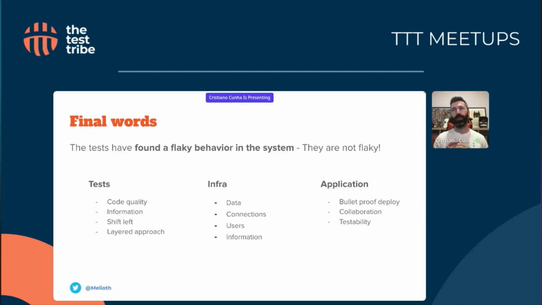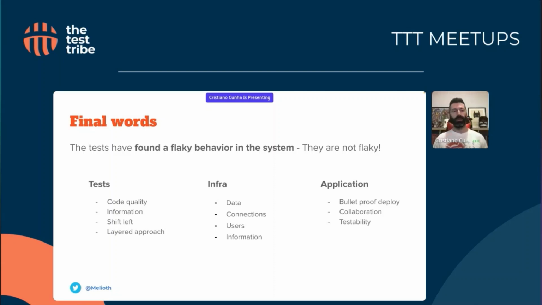Make sure that you have bulletproof deploys, because the deployment is one of the things that we must rely on. If it's green, we must be sure that the deployment is done successfully, the application is running successfully with the right connections, with the right database, with everything working as expected. I don't want to click on the main page and that just explodes.